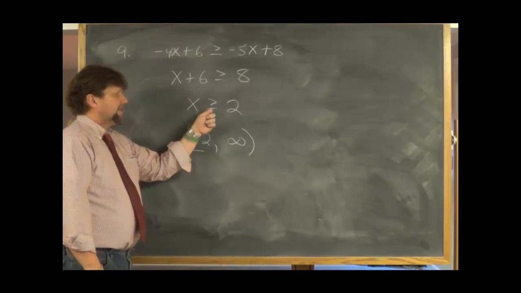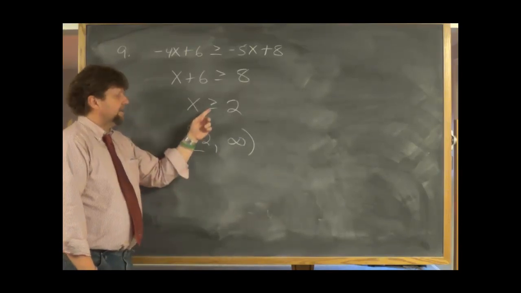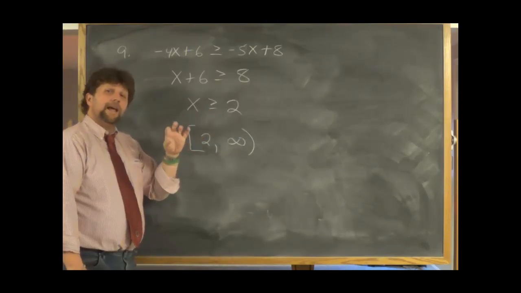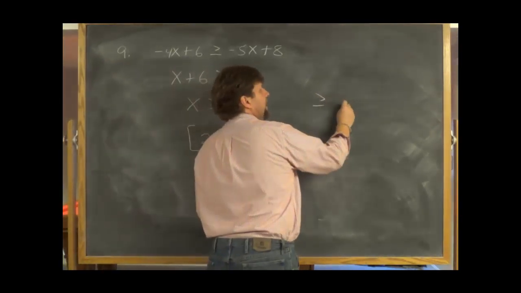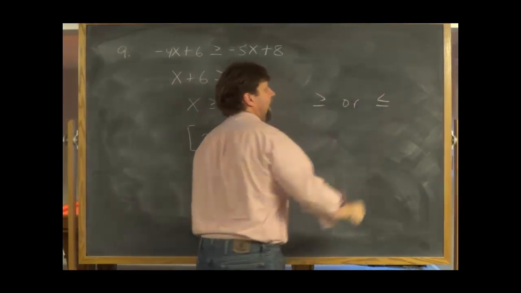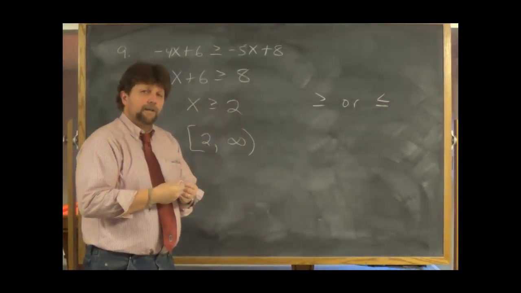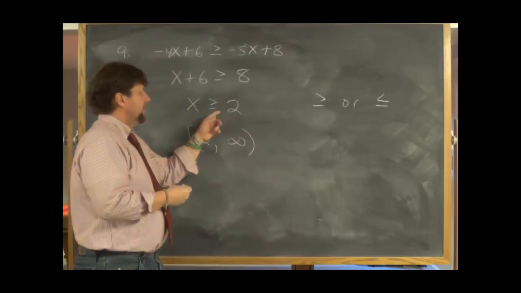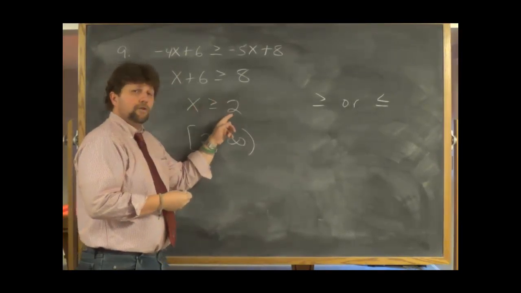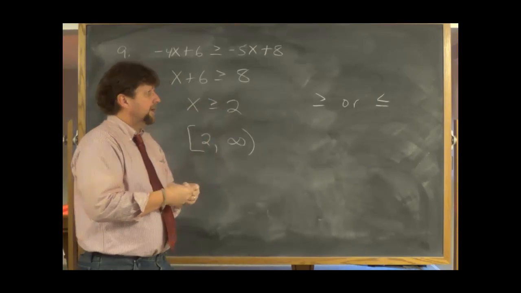And it matches up with this kind of inequality sign, the greater than or equal to or the less than or equal to. So if you see that or that, square brackets are going to be involved because that means you're allowed to include the 2. It's the or equal to 2. You're allowed to include the 2.